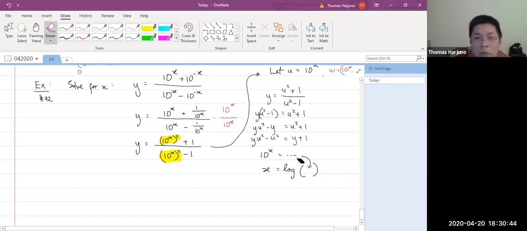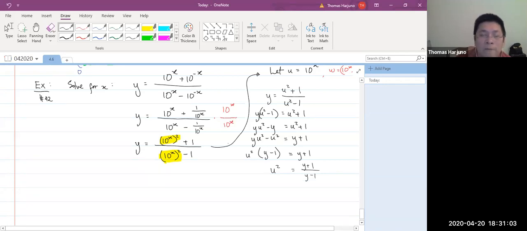I will factor the u squared. y minus 1 here. So u squared equals y plus 1 over y minus 1.